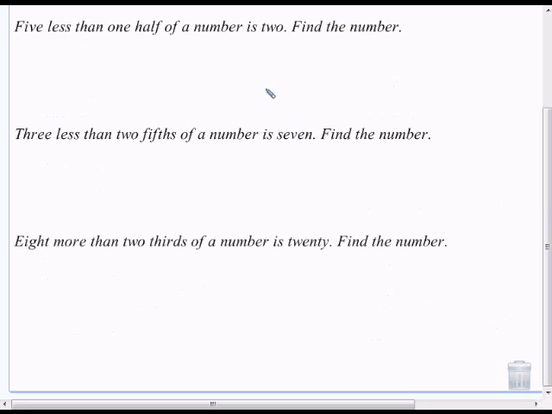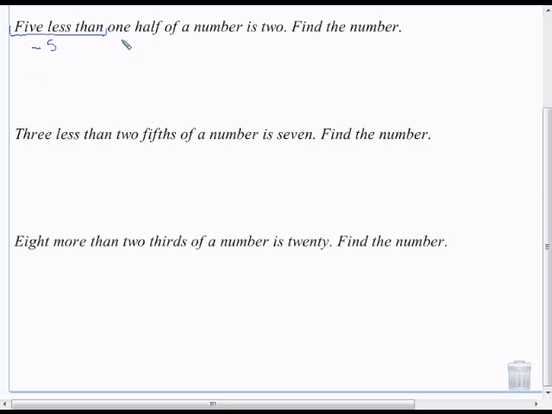For this, I want you to translate a sentence into an equation and then solve it. So, 5 less than 1/2 of a number is 2. We're going to break this into pieces. 5 less than, that's going to be minus 5, because I'm subtracting 5 from it.